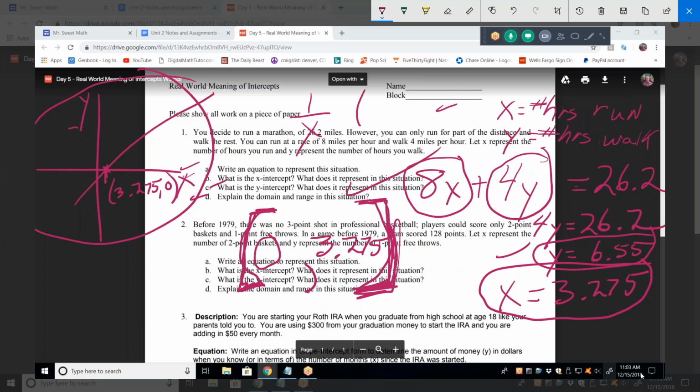So I'd have to put parentheses. Actually, I would go negative infinity to 0 combined with 0 to positive infinity. That right there is interval notation.